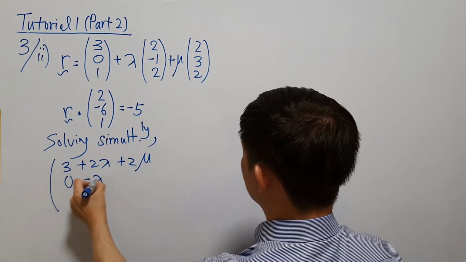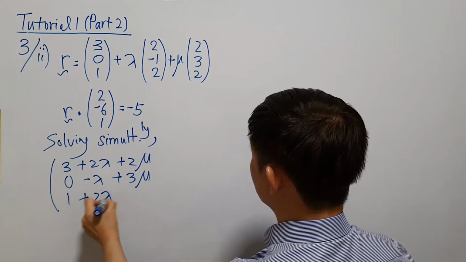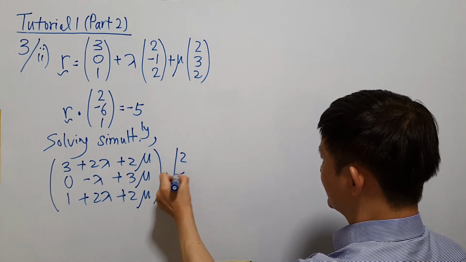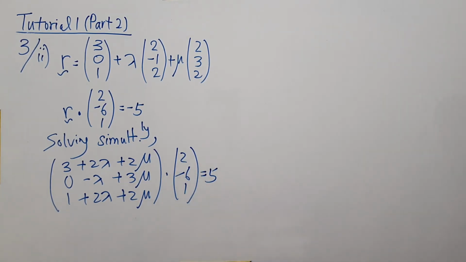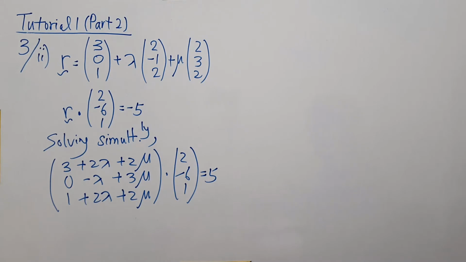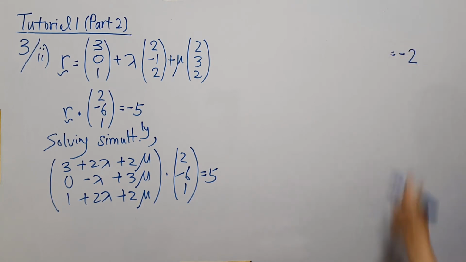0 minus lambda, 1 plus 2 lambda, dot with 2, minus 1, 6 equals to 5. Okay, so we just plug it in, hoping to establish a relationship between lambda and mu. So to do this calculation, what I have here is 6 plus 1, 7. Bring over the 7, 5 minus 7, you get a minus 2.